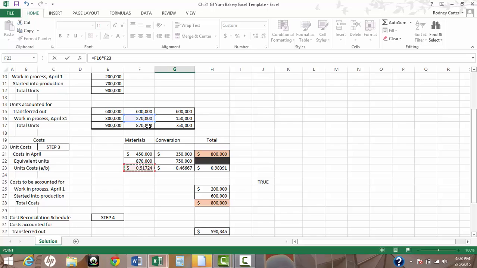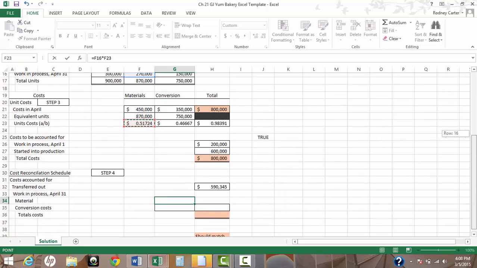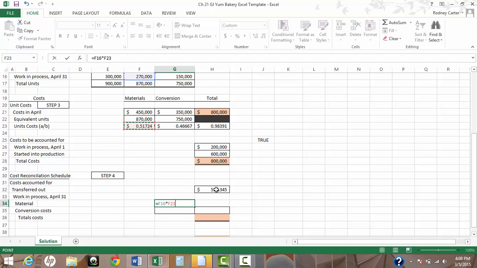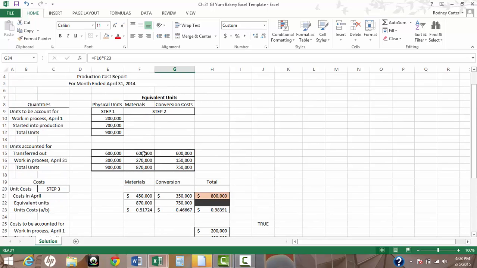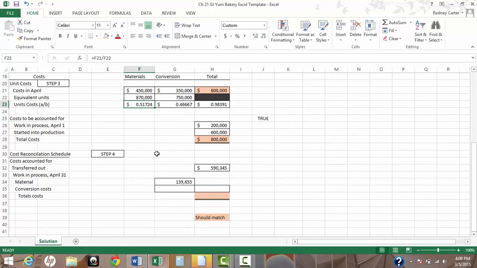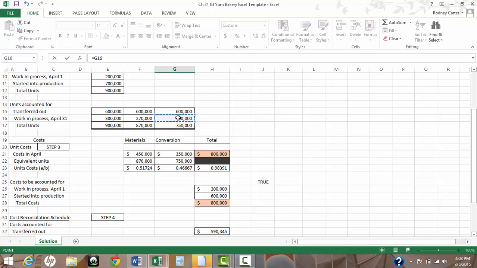If you're asking why didn't you use 870, the answer is we've already accounted for these 600,000 in the transferred out dollars. So what's the formula for this one more time? 270,000 times the 51 cents. And for the conversion costs, 150,000 units work in process times the 46 cents.